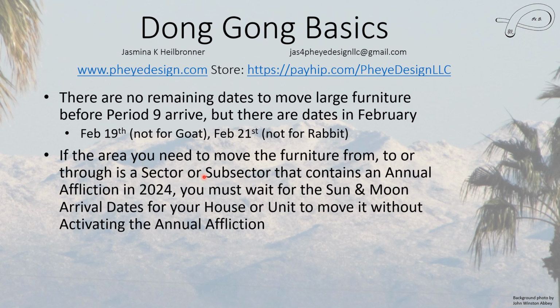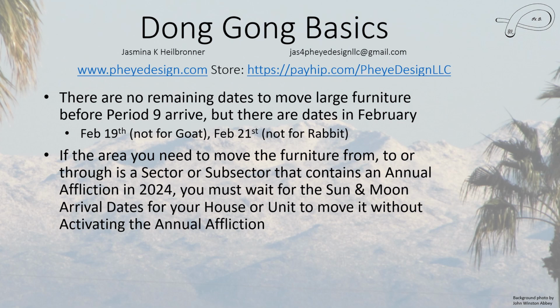Now, again, if you need to move the furniture from an area or to an area or through an area that is a sector or subsector that contains an annual affliction in 2024, because there aren't any days left in this year, this Chinese year that is, you must wait for the sun and moon arrival dates for your house or unit's specific days to move it without activating the annual affliction.